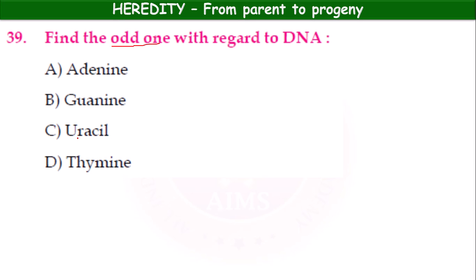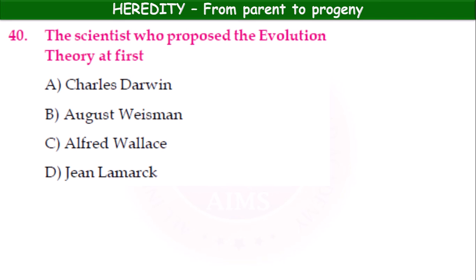Here uracil is also mentioned, so the odd one is uracil. Uracil is present in the RNA.